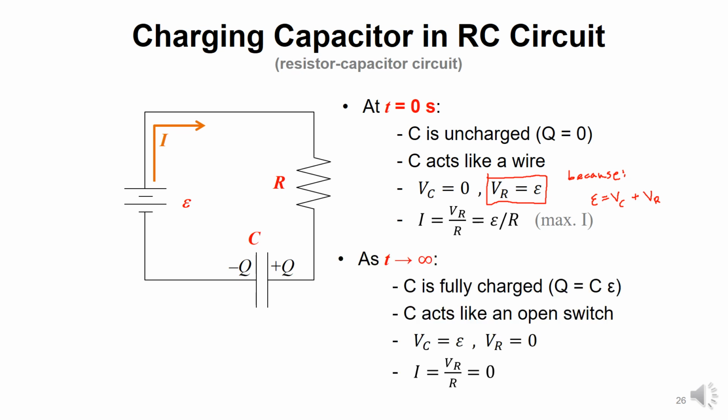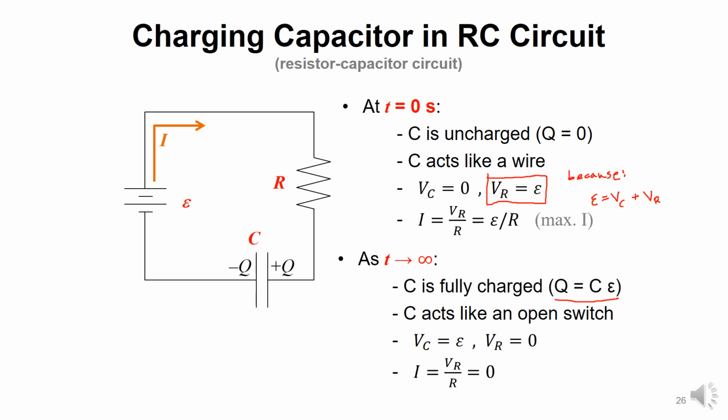Now let's look at what happens after a long time, time of infinity. So now we have had the capacitor charging for a long time, so the capacitor is fully charged. To calculate the charge, we can use the equation on the slide here, Q equals CE. Q is the charge in the capacitor, C is the capacitance, that's a constant for the capacitor, and E is the battery voltage.